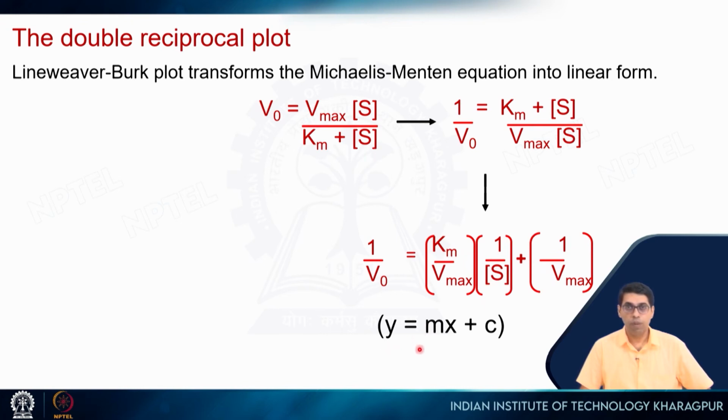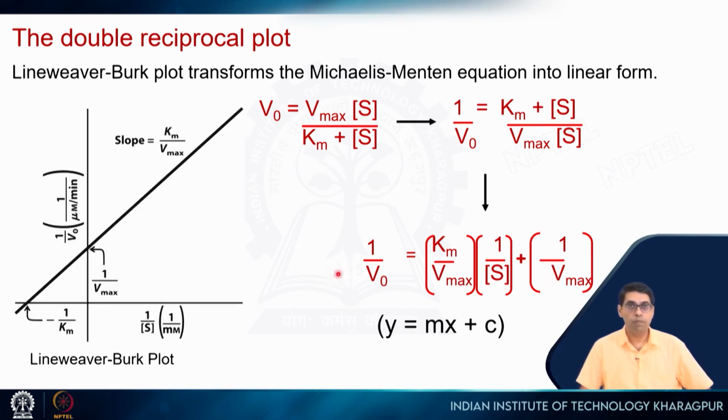This is in the form of y equals mx plus c. Y is 1 by V naught, x is 1 by S, it is multiplied by m, which is the slope of the line, Km by Vmax, and the constant c is 1 by Vmax, which gives us the y-intercept.